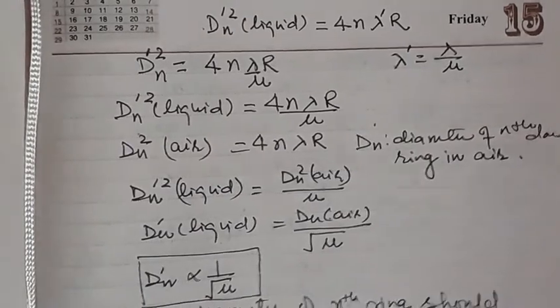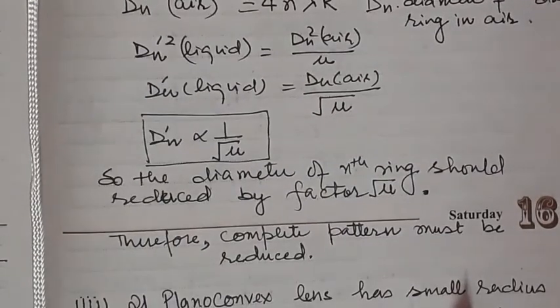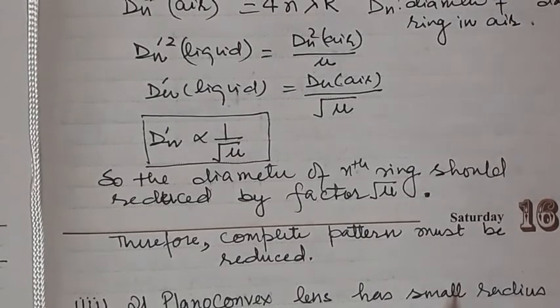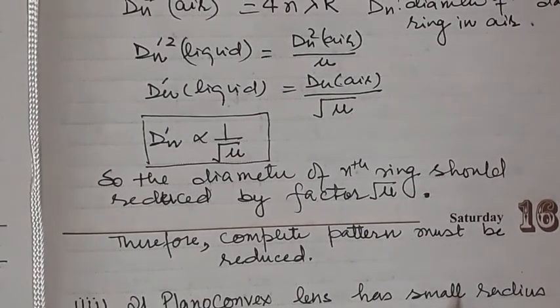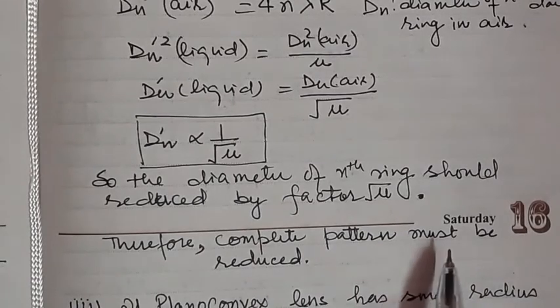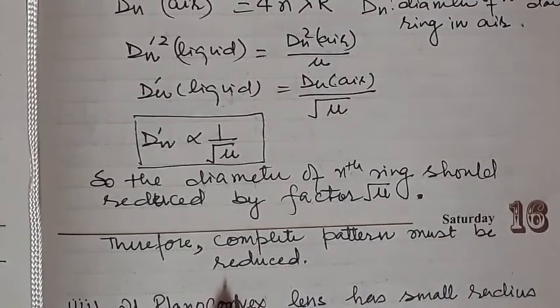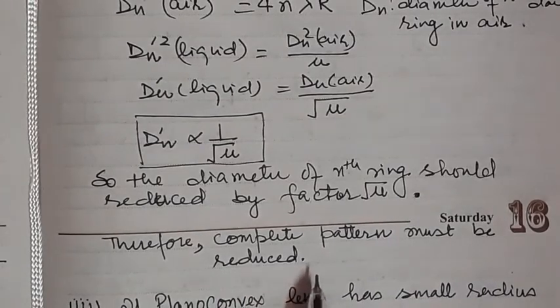So the diameter of the nth ring should reduce by a factor of root mu. Therefore, the complete pattern must be reduced or contracted towards the center.